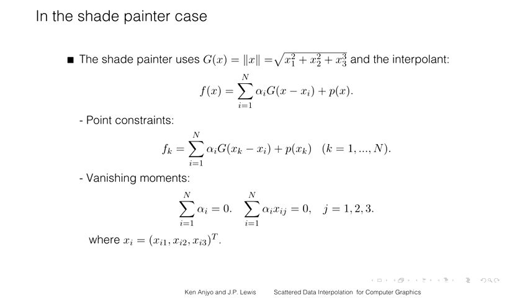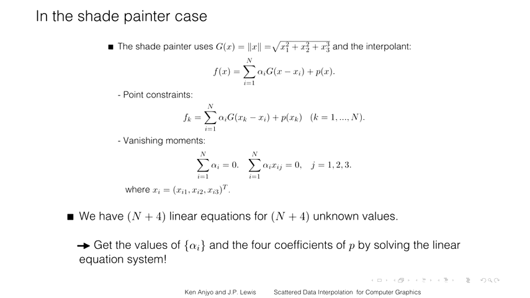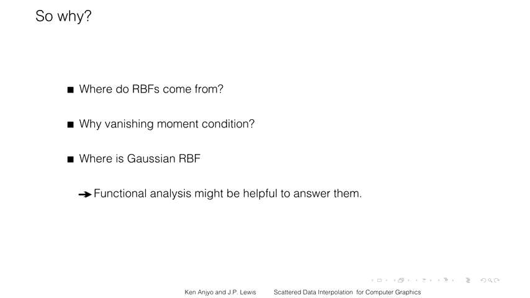Totally, as I told you, we have N plus 4 equations to get all the coefficients, not only alpha sub i here, formerly I wrote the weight as w sub i, but here we denote it by alpha sub i, and also the linear polynomial P. N is the number of constraint points. And we need to solve the N plus 4 linear equations to get the function.